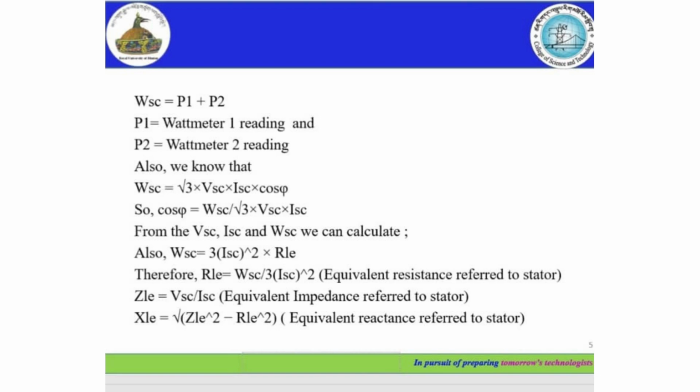Then we can also calculate the equivalent impedance referred to the stator, which is given by the VSC divided by ISC. Then similarly we can also calculate the XLE, which is equivalent reactance referred to the stator, which is given by the square root of ZLE squared minus RLE squared.